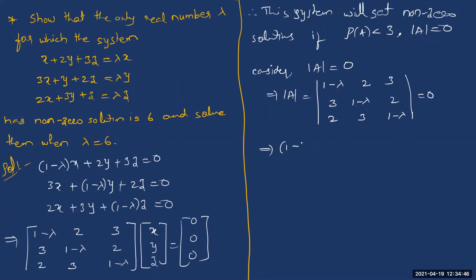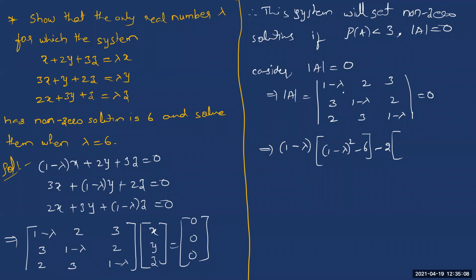So you get 1 minus lambda into, now I need to leave the first row and first column, so it is 1 minus lambda into 1 minus lambda minus 3 into 2. So we'll get it like this, 1 minus lambda whole square minus 6. Then minus 2 times, now leave the first row and second column.